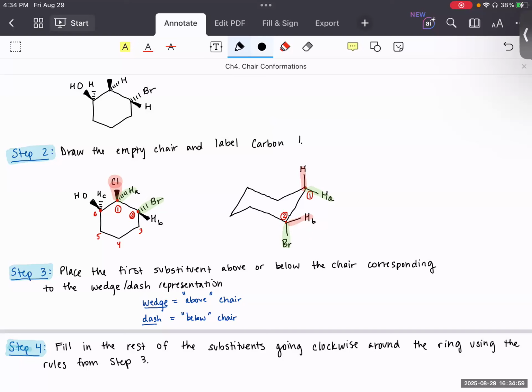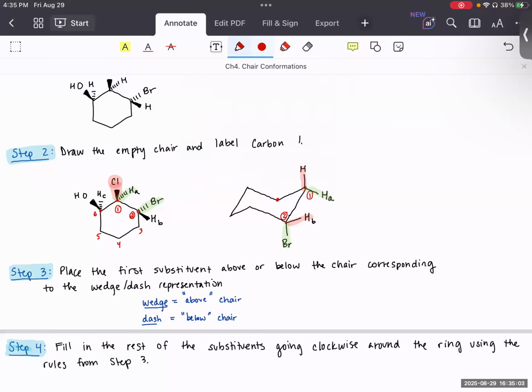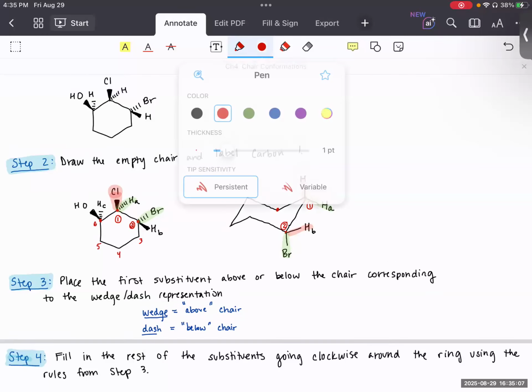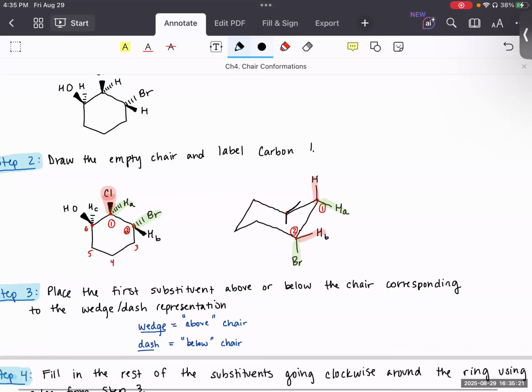And then in our chair structure, we're now on this carbon in the middle right here. First we're going to draw in the two lines that correspond to that carbon, which are going to be one that's tilted a little bit up towards that shorter bond, and one that's going down towards the middle of the chair. From here, we can see that our OH group is wedged, and so that wants to be tilted up.